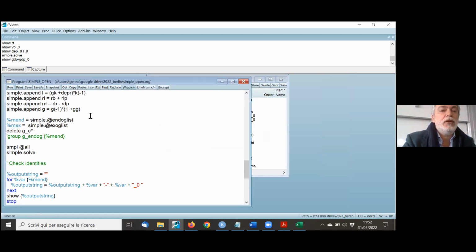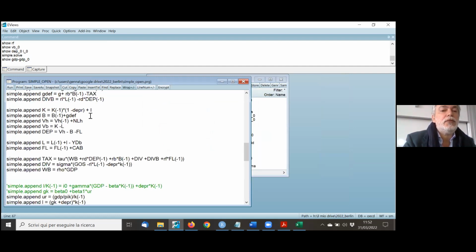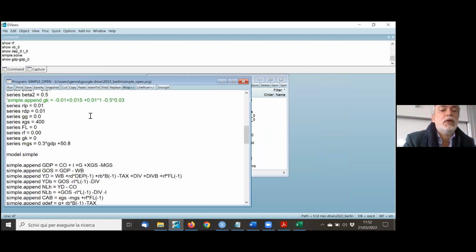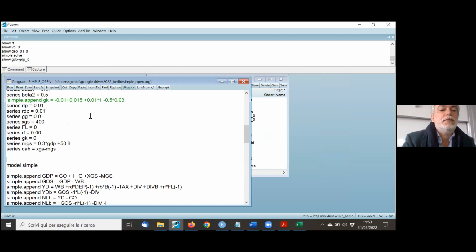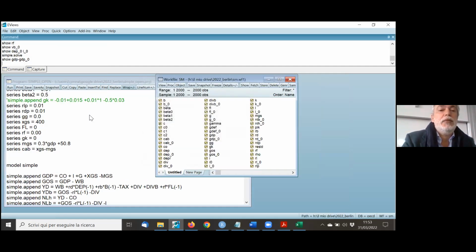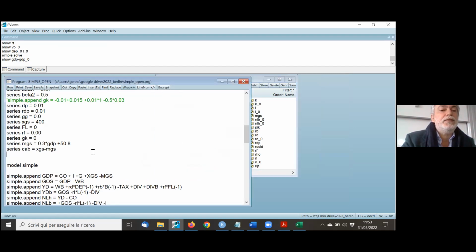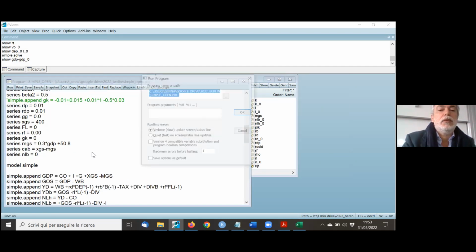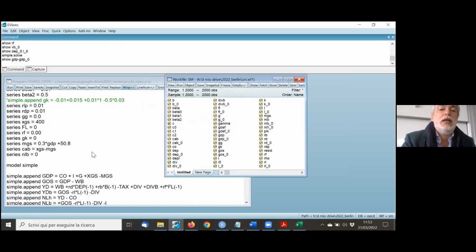so cap is not defined. NLB is not defined. NLH is not defined.